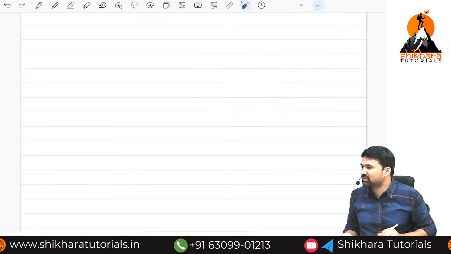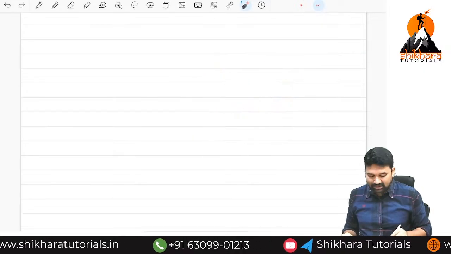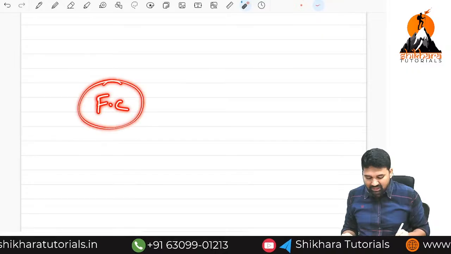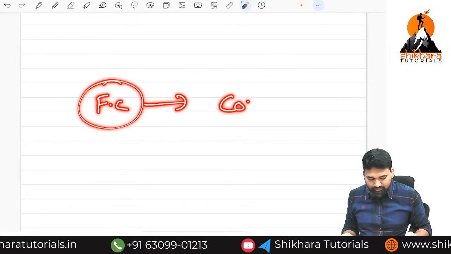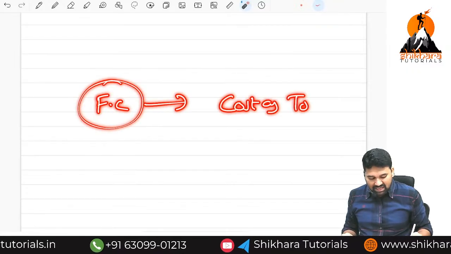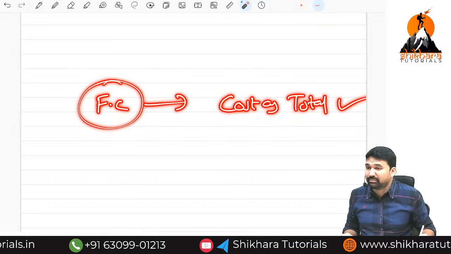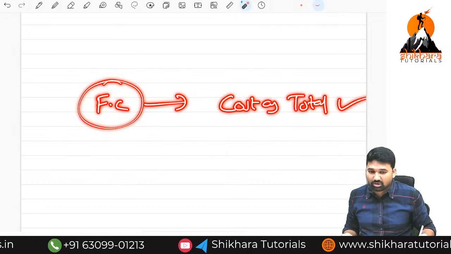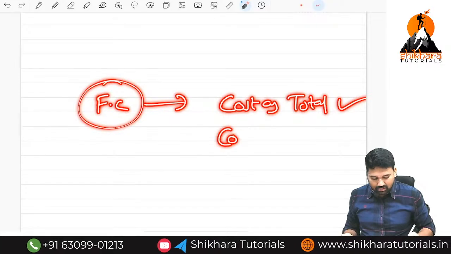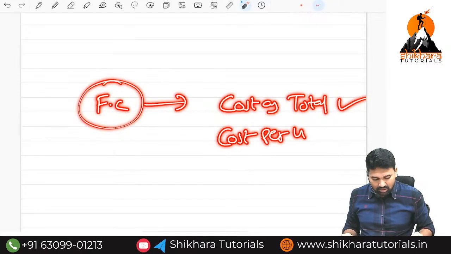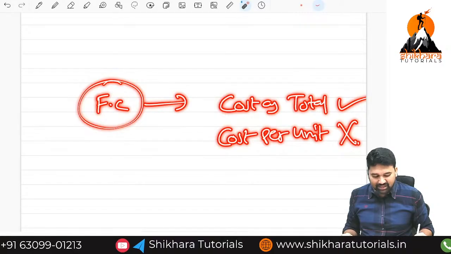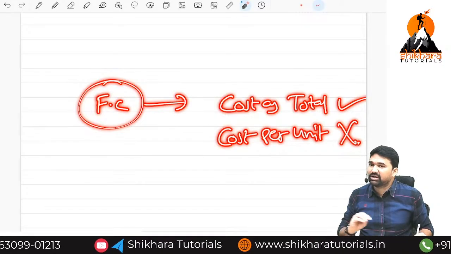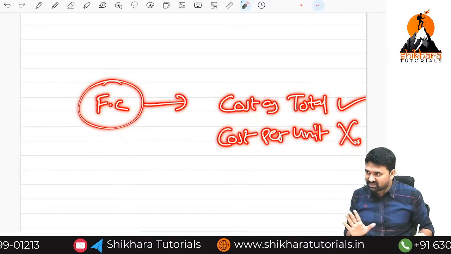This is the nature of fixed cost. So remember only one thing: in case of fixed cost, cost as total is same. It will not change. Cost per unit is not same. It will change according to the level of activity. The main thing.